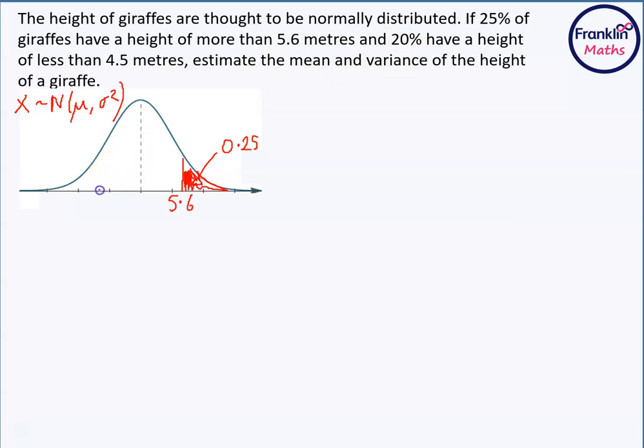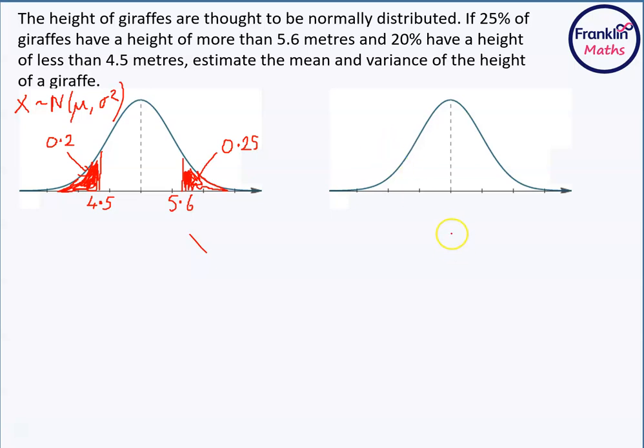Again, I'm just guessing where these numbers are, but I know roughly where they are, but I'm not sure exactly whereabouts on the line they are. So 4.5 meters, and we know this area here is 0.2. So this isn't too bad to work with at the moment. I'm just doing exactly what I did before.